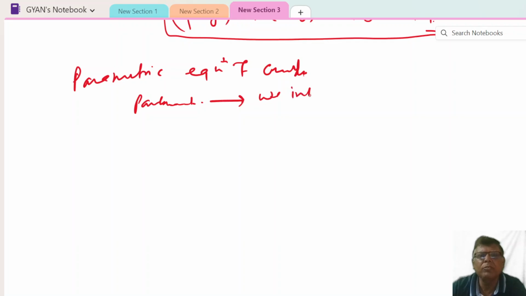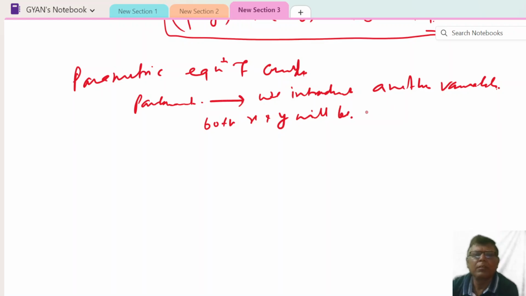In parametric form, we introduce another variable, and both x and y will be dependent on that extra variable.